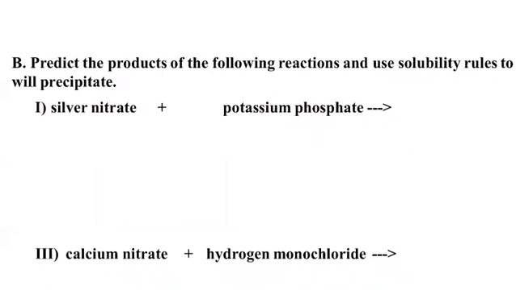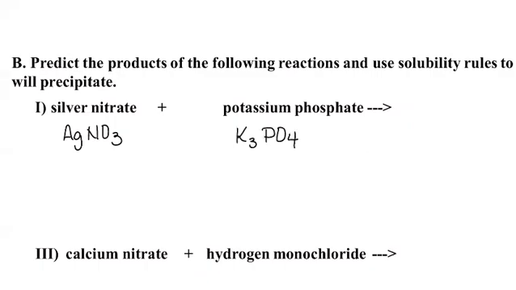In the first double replacement reaction, we have silver nitrate and potassium phosphate. Let's put in the chat, what is the chemical formula for silver nitrate? Excellent. Thank you, Taylor. It's going to be AgNO3. Potassium phosphate. What is the chemical formula for potassium phosphate? Great job, you guys.